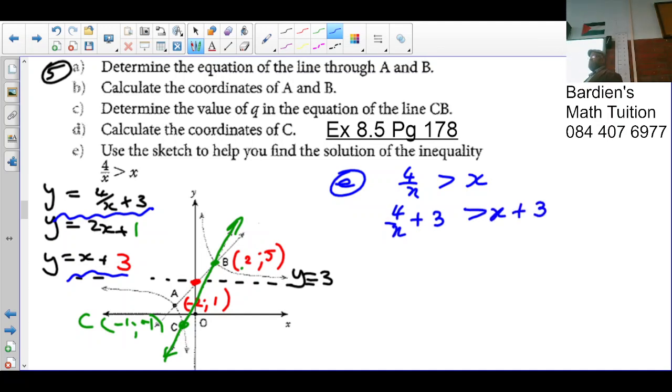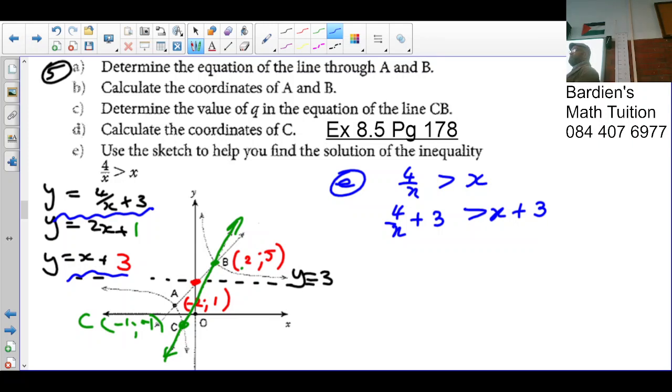How can I say that? Remember, if I add something on one side of the inequality and add the same number on the other side, the inequality remains balanced. So in other words, the hyperbola graph is greater than your line of symmetry, which is the line through AB.